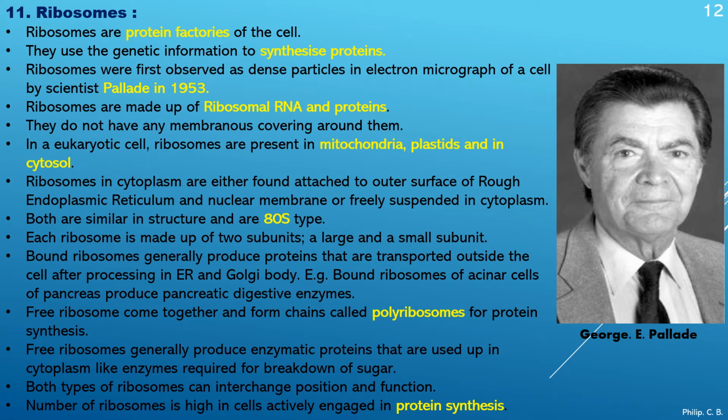Both types of ribosomes can interchange position and even function. The number of ribosomes is high in cells actively engaged in protein synthesis. As you know, for protein synthesis, ribosomes are necessary. That is why you can easily understand it the other way around: ribosomes are high in cells where protein synthesis is taking place actively.